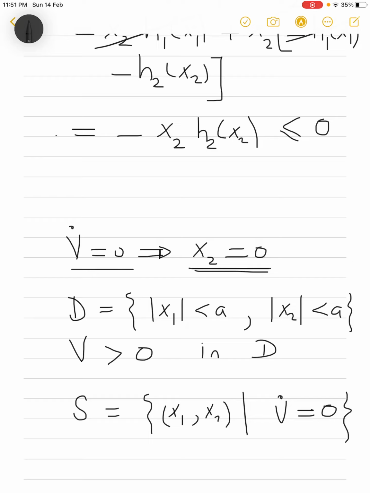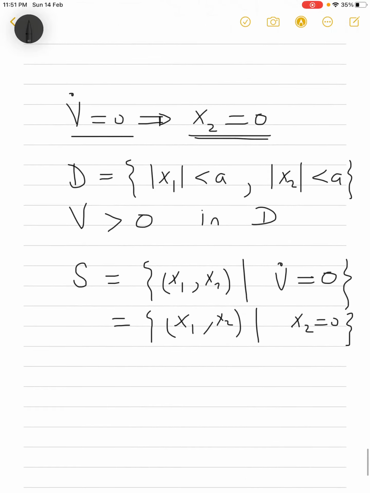And of course that would correspond to x1, x2 when x2 equals 0. So now we try to find the solution that belongs to S and will remain in there. So if we take x2 equal to 0, that would require x2 dot equal to 0 in order for the solution to remain at x2 equal to 0.